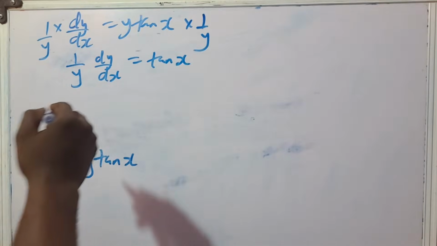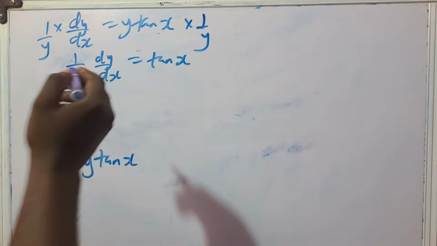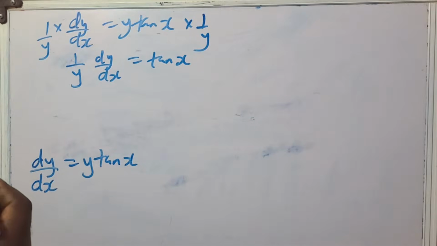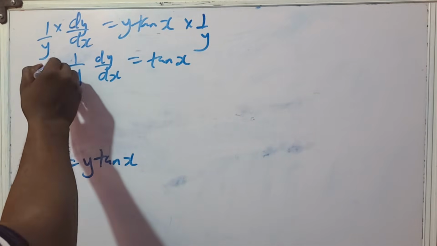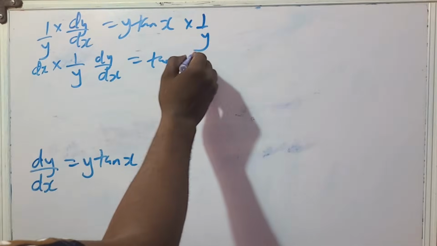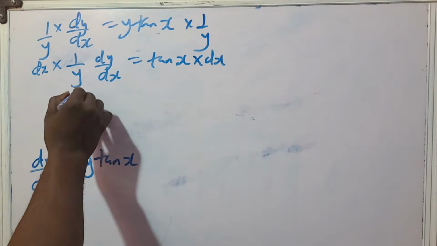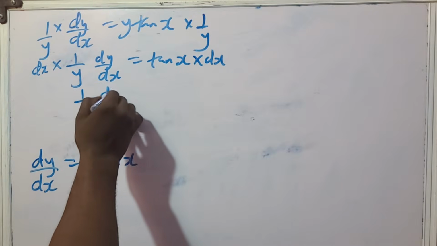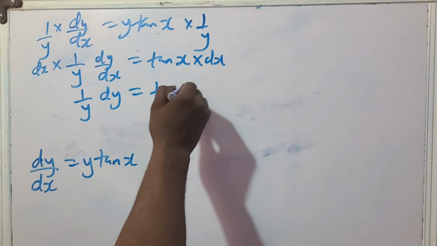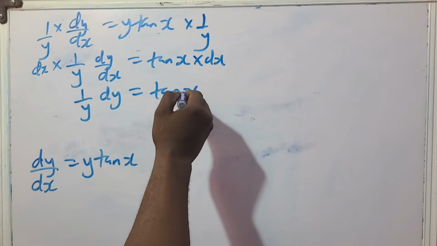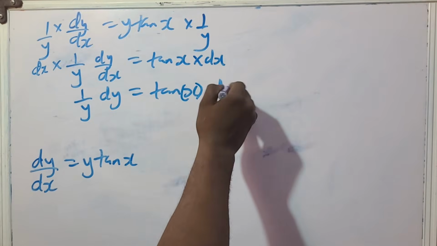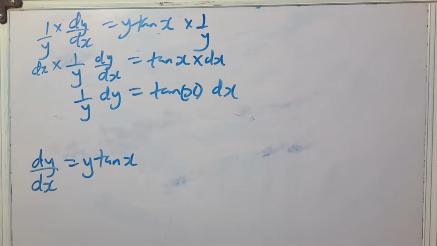Then multiply both sides by dx. So this will give you 1 over y dy equals tan x dx. So this is the first step.